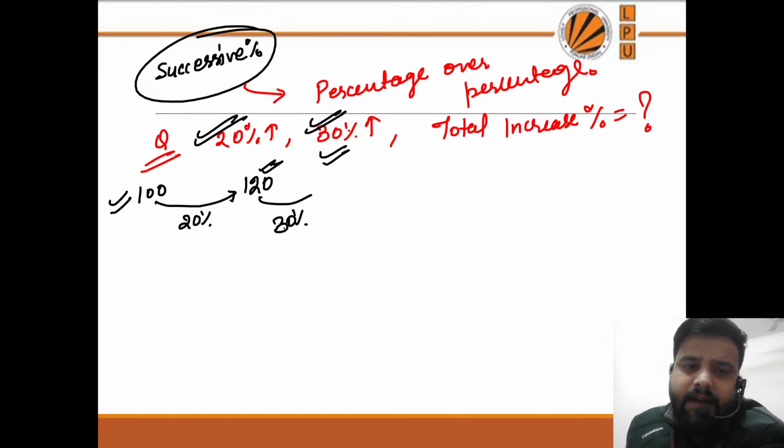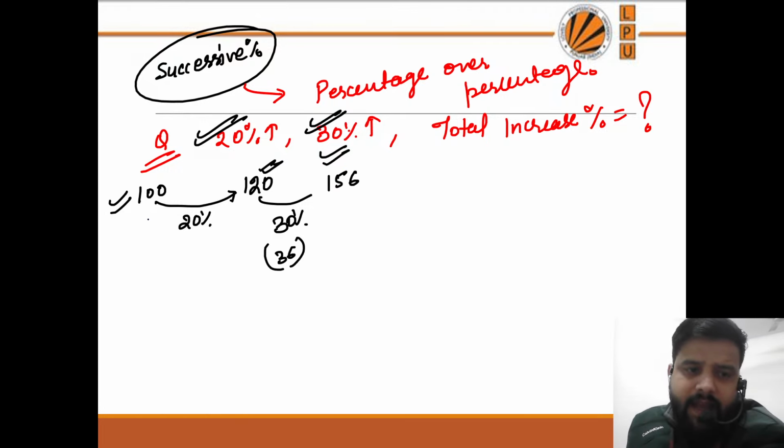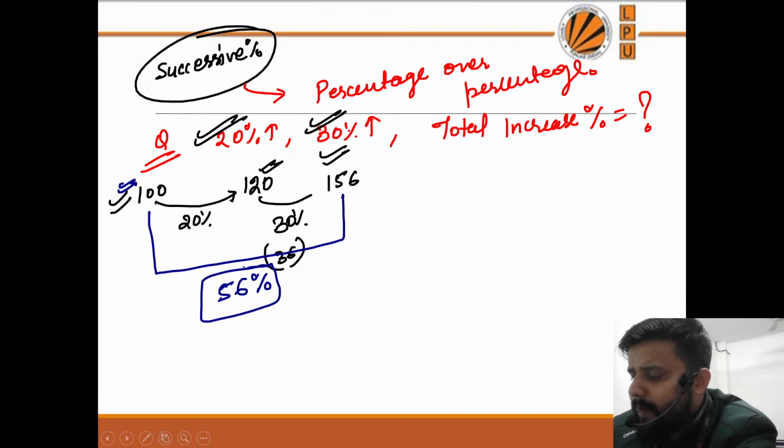So 30% of 120, you can calculate, it is 36, isn't it? So now the new salary would be 156. From 100 to 156, it is an increase of 56. And since the base is 100, I can directly tell you that it is a 56% increase overall.